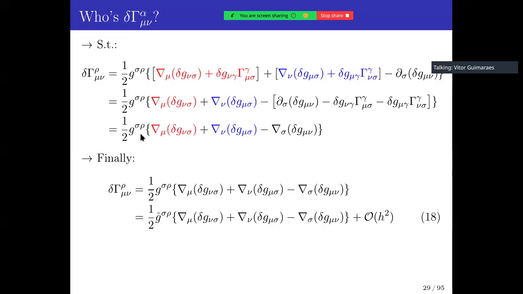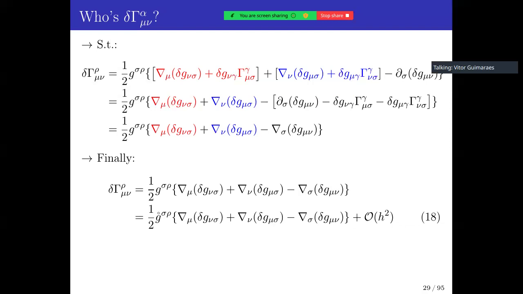So if we do this and keep this in first order in the perturbation, we get this expression here, right? Because there would be a minus delta G here, but the delta G inverse multiplying these terms here would give us terms in second order in the perturbation, which are contained here, okay? Again, I'm very sorry about the H here.